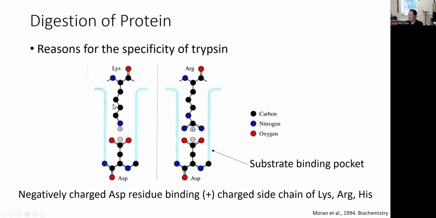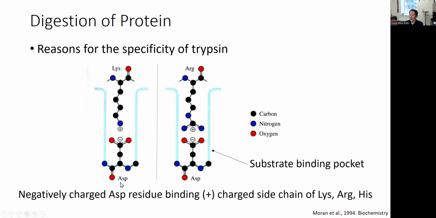So this enzyme will look for basic amino acids with a positive charge on their R group. Which means lysine will have an additional amino group on its R group, so it's positively charged. Arginine, same thing.